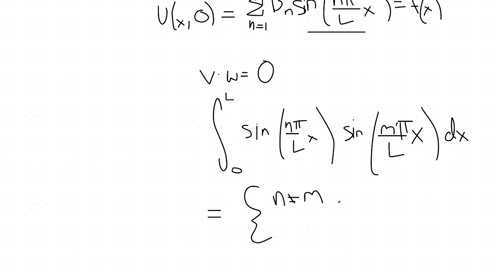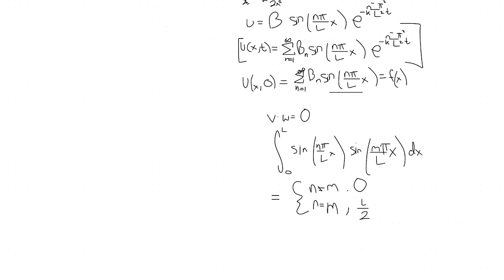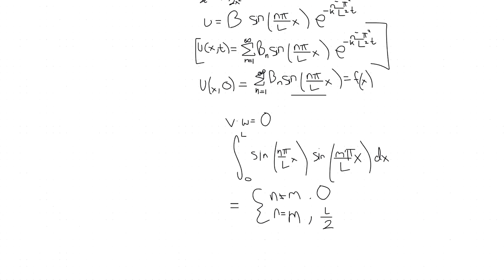But where they are equal, where these two vectors are the same, we see that it's equal to L over 2, which is just more proof that the solutions to the heat equation form a vector space.